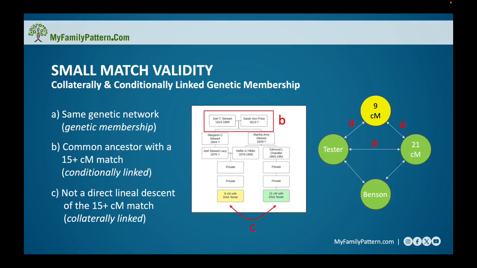And for the last aspect to ensure that it is valid, it does not share a direct linear descent, meaning it's not a grandchild or a child of that 21 centimorgan match. In fact, it shares a collateral line, going much further back to that Joel and Sarah Ann Price. So it meets those 3 conditions.